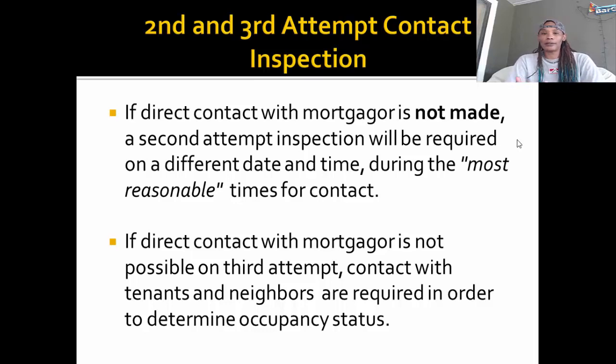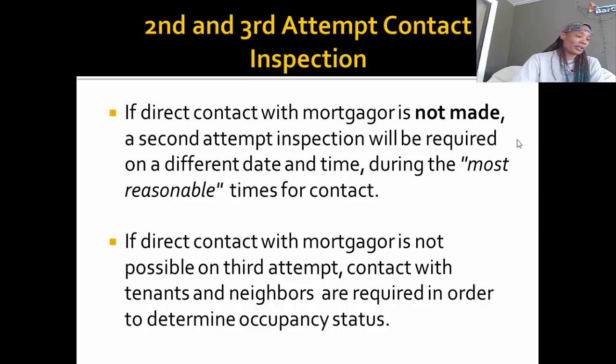Okay, so if direct contact with the mortgagor is not possible on that third attempt, because sometimes you have to go 3 times, all right, at that point you can contact tenants and neighbors to determine the occupancy status of that property. Say you've gone there twice already.